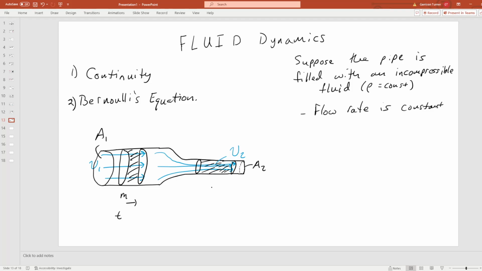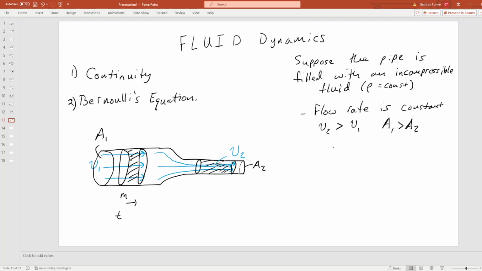And what we can draw from this is that if the flow rate has to be constant, then the velocity in region 2 has to be larger than the velocity in region 1, because A1 is larger than A2. So the only way for the fluid to be pushed at the same rate is to be moving faster through the smaller nozzle. So this is an inverse proportionality.